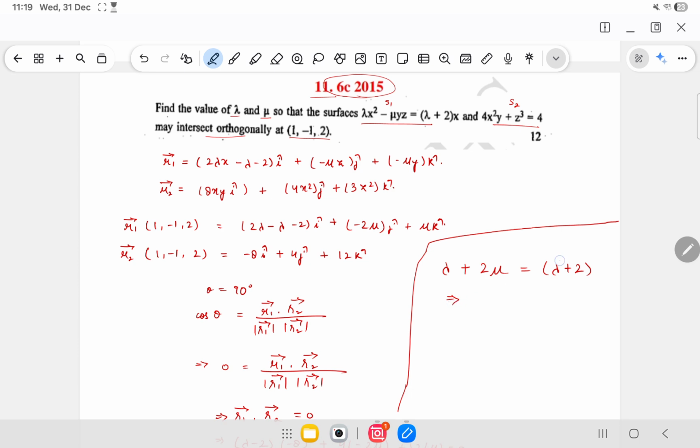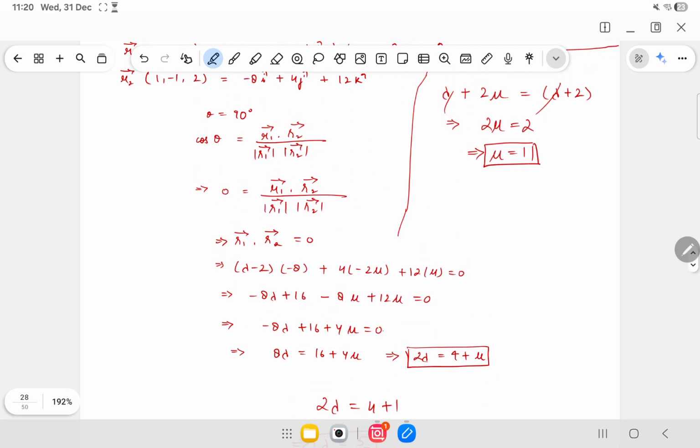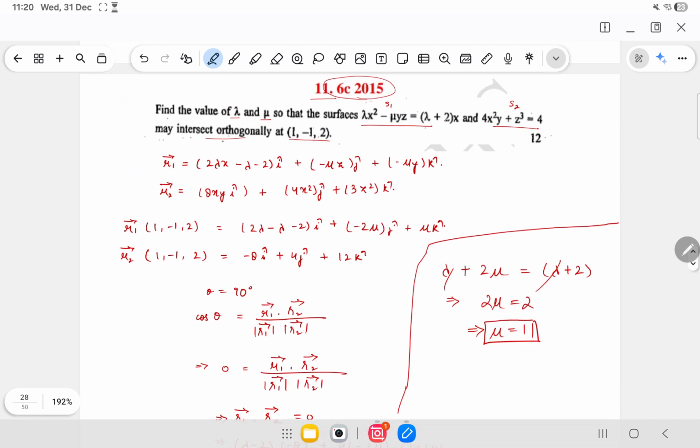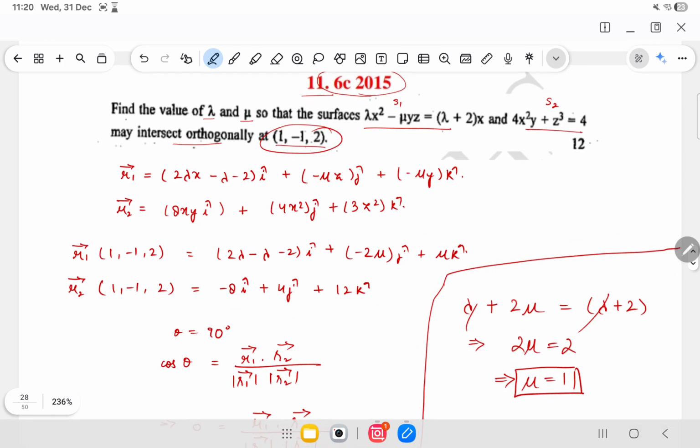That simplifies to 2 mu equals 2, so mu is equal to 1. If I plug the value of mu in here, I get 2 lambda equals 4 plus 1, which gives lambda equals 5 by 2. So lambda is 5 by 2 and mu is 1, such that the given two surfaces intersect orthogonally at this point.